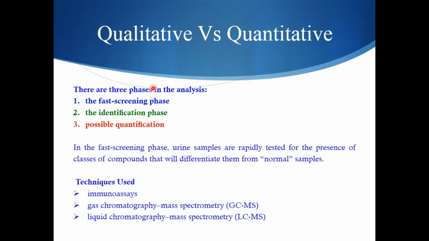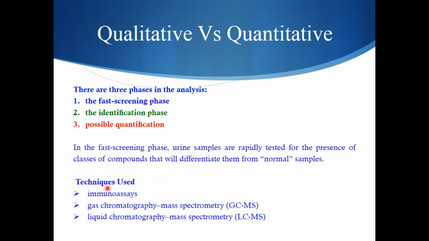So there are three phases in the analysis: the fast screening phase, the identification phase, and possible quantification. In the fast screening phase, urine samples are rapidly tested for the presence of classes of compounds that will differentiate them from normal samples.